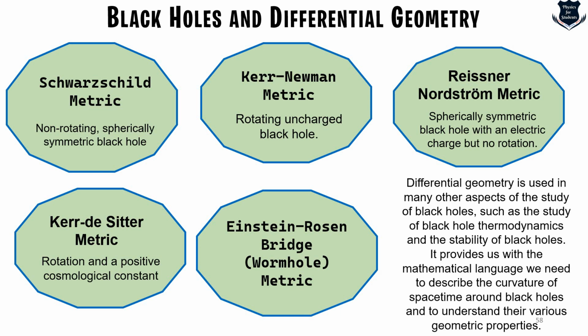So here on the right hand side bottom, you see differential geometry is used in many other aspects of the study, because black hole thermodynamics, which I was just speaking about, provides us the mathematical language that we need to describe the curvature of space-time around black holes, and it helps us to understand the various geometric properties.